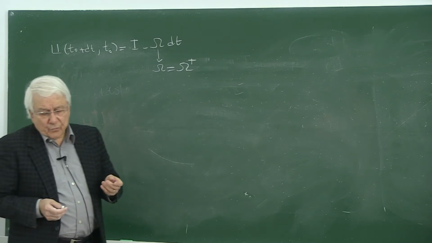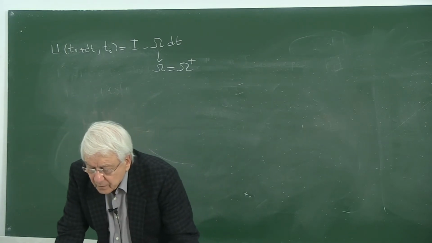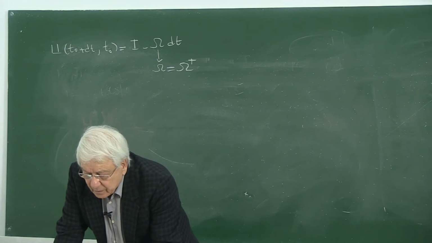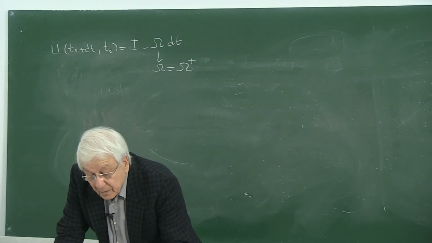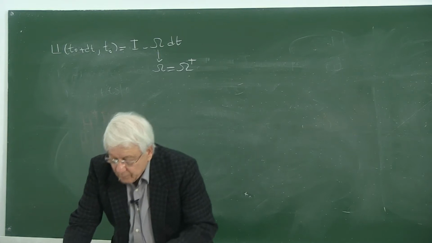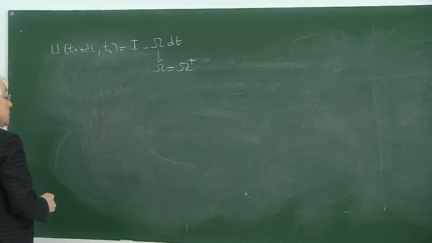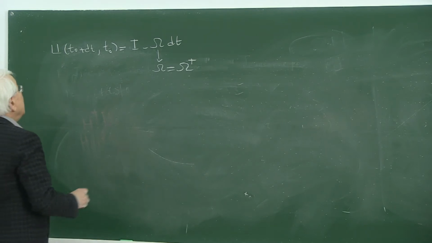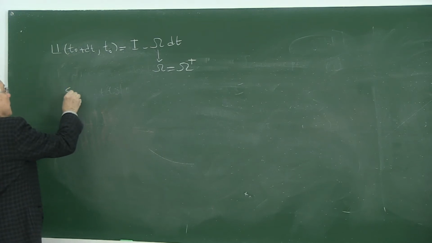Let's finish with this mathematical property and proceed to construct the finite form of it, and then, by the way, before that, let me try to find the equation satisfied by the U.